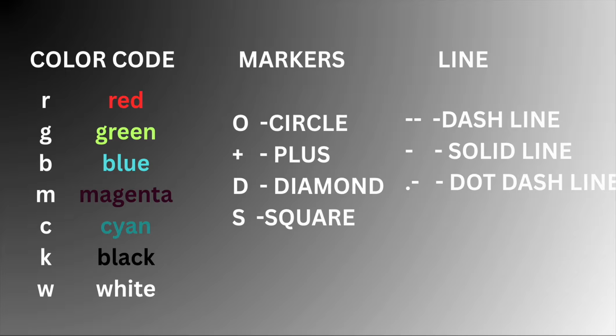Then coming on to markers, what are markers? When you plot a graph, on a line there will be some points, the certain points that you have plotted. For those plotted points, you give some identity marks, and those identity marks are nothing but markers. For a circle you will use o in your code, and that will be reflected on your graph as a circle.